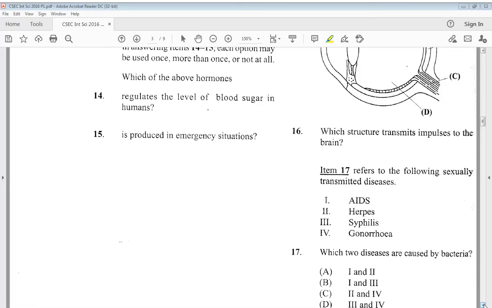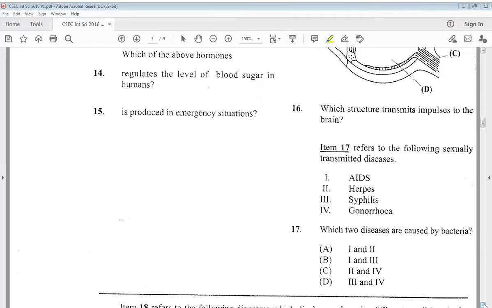Well, we know that herpes and gonorrhea. So that would be 2 and 4, C, for 17.